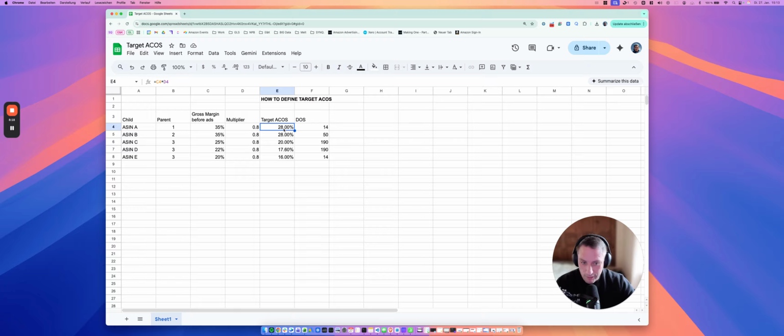With more target ACOS, you will spend more. So the system would push for more. That's why, when prices go up in a scenario with low days of supply, where you actually want to slow down the velocity, you need to have some sort of dynamic target ACOS adjustment that will reflect that.